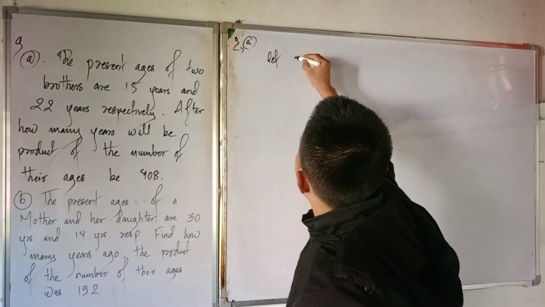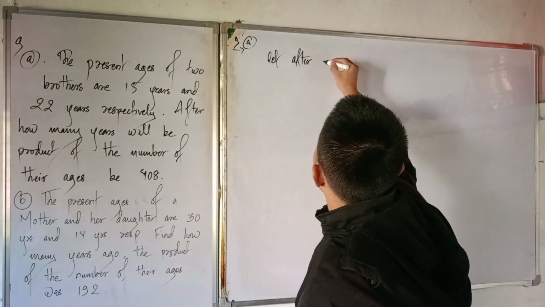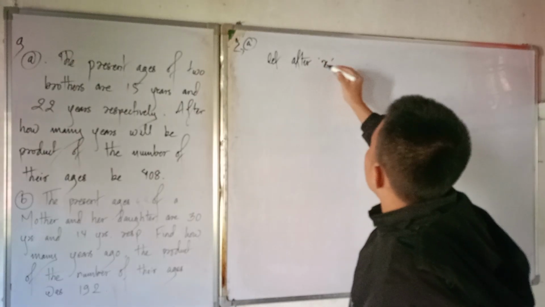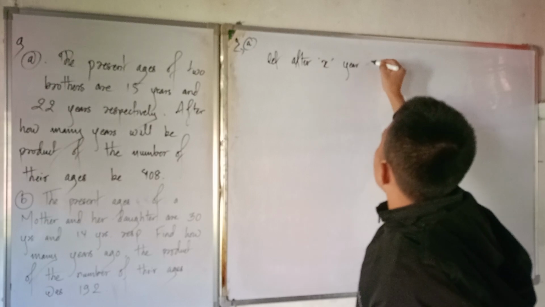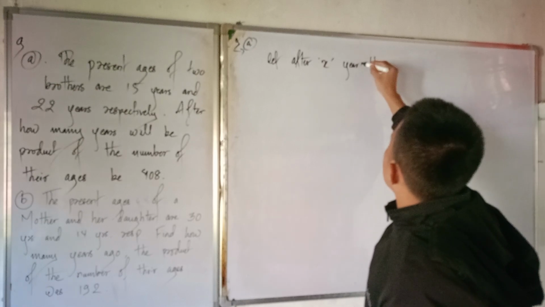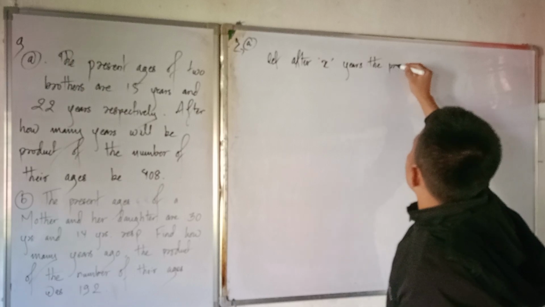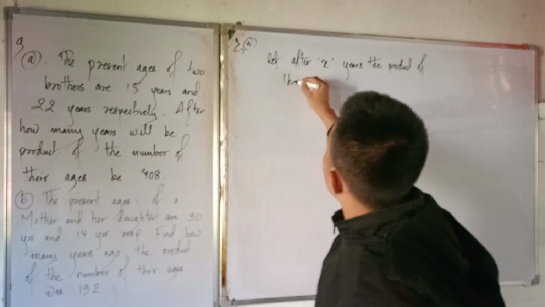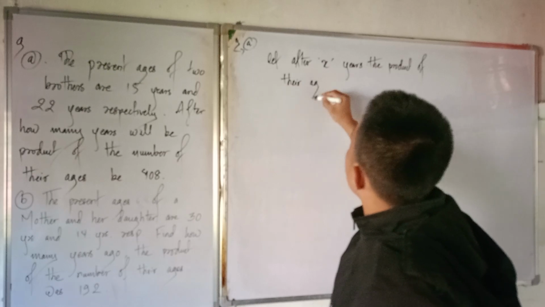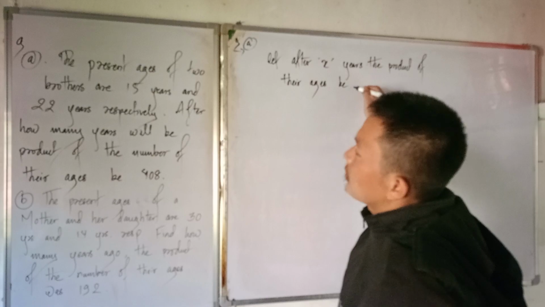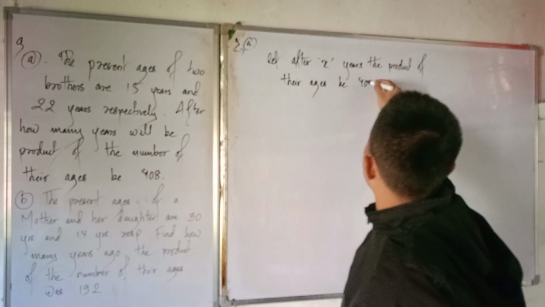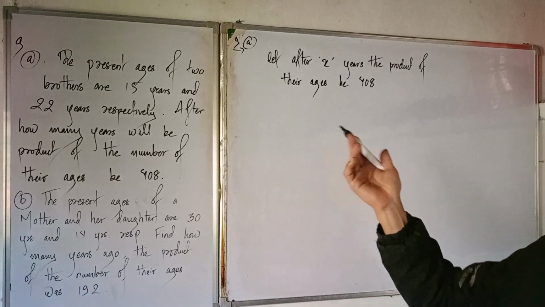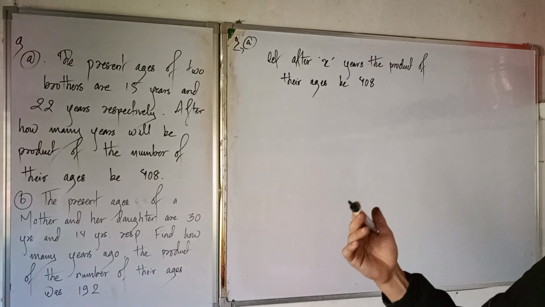Let after x years the product of their ages be 408. So what will be the age of the two brothers after x years?